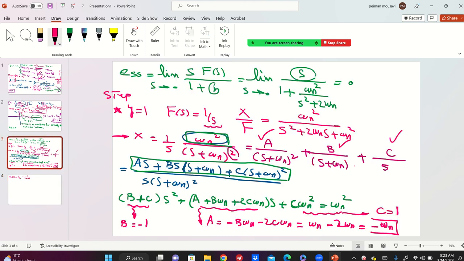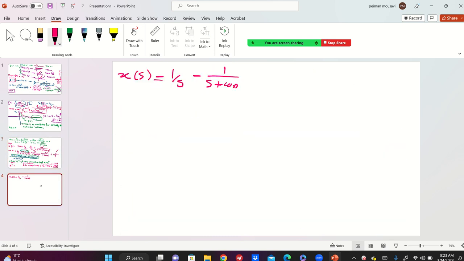And the A is minus omega n, so minus omega n over (s plus omega n) squared. Now you can take the inverse Laplace, so you get the x of t.